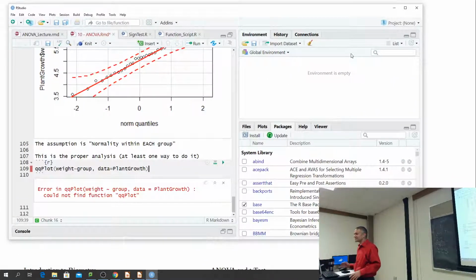We would use this code to get all of our QQ plots all at once. At least 2 of you had your own computers. Did you try it? It worked for you? On mine and the computers here on campus, they haven't been updated, so we're going to get the error message. Is that going to hurt us? No, not really, because I'm going to show you an alternative method of getting our individual QQ plots.